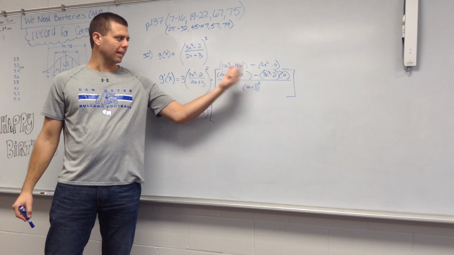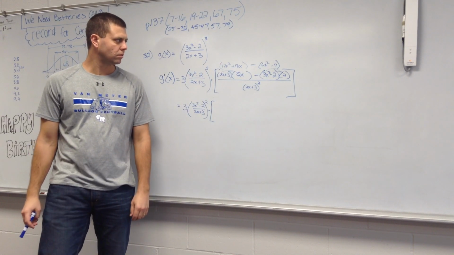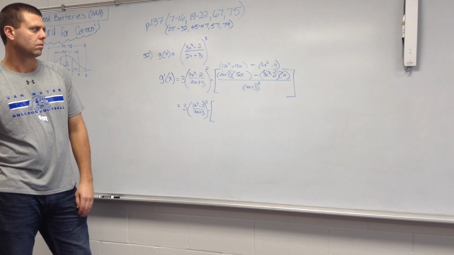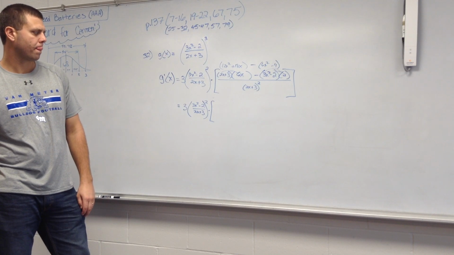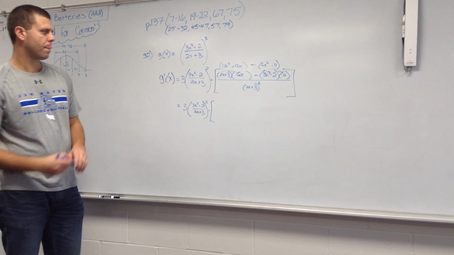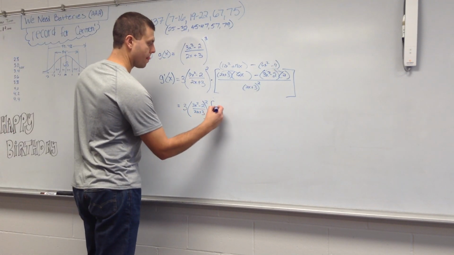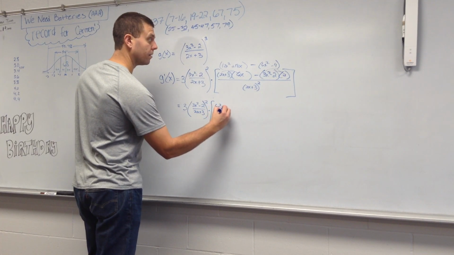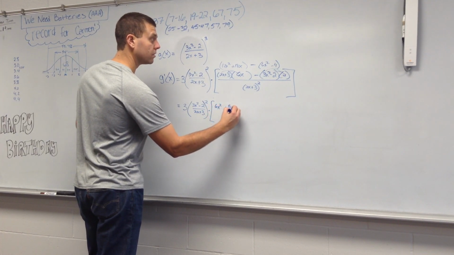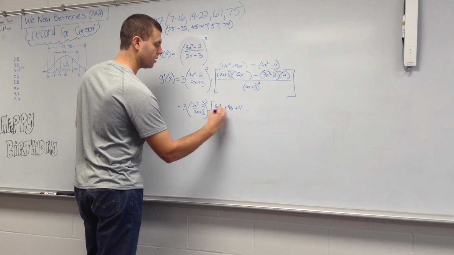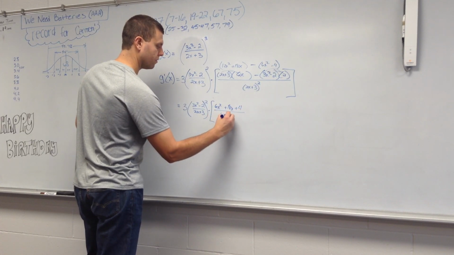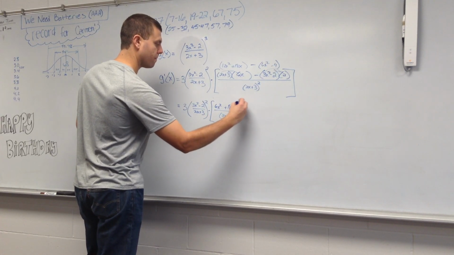So if I combine my like terms, 6x squared plus 18x, plus 4. Over 2x plus 3 squared.